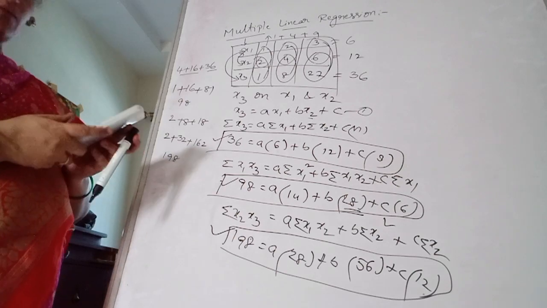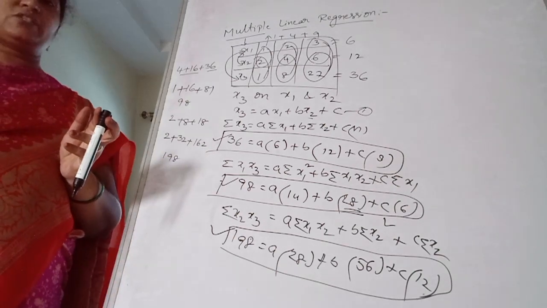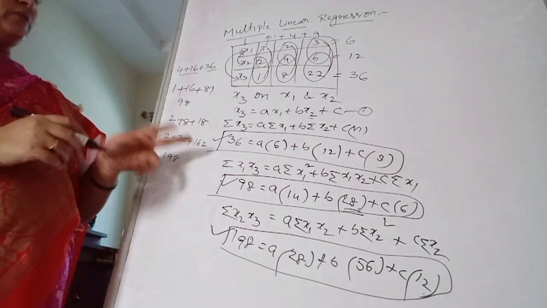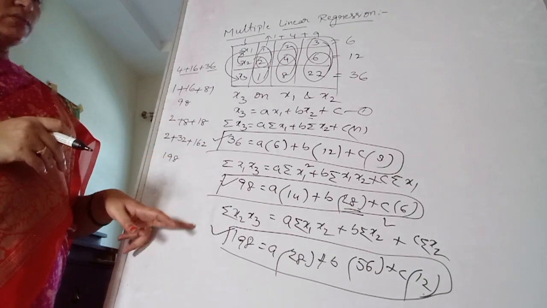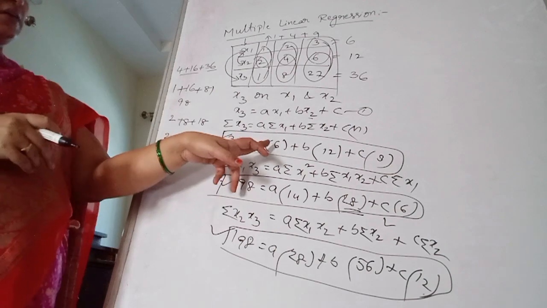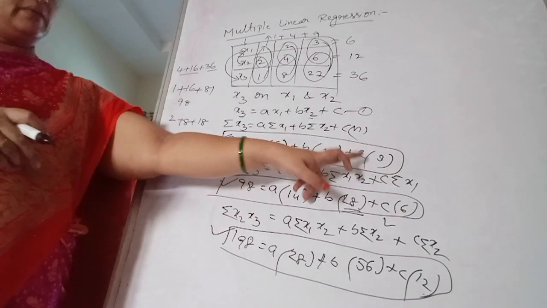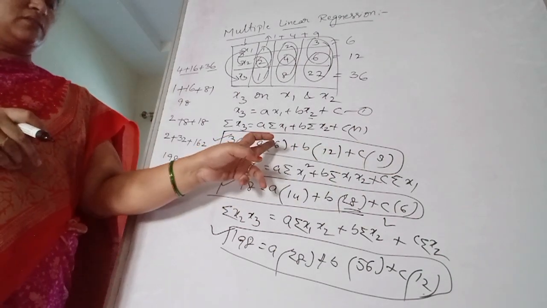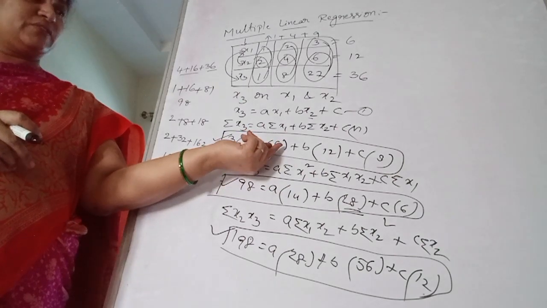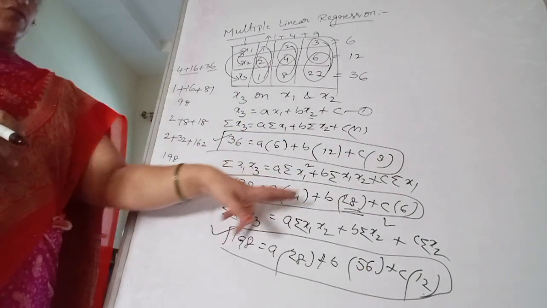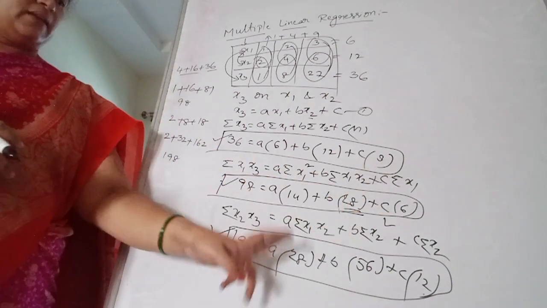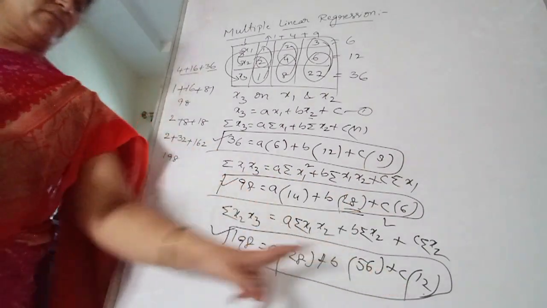In this we solve the equations. First we put the calculator in equation mode, taking three unknowns. After that we enter the coefficients of a, b, c and the constants. First equation coefficients 6, 12, 3 and 36. Next 14, 28, 6, 98. Next 28, 56, 12 and 128.